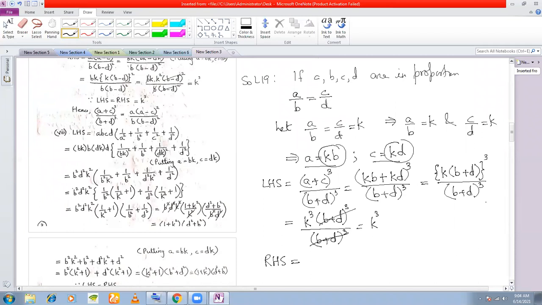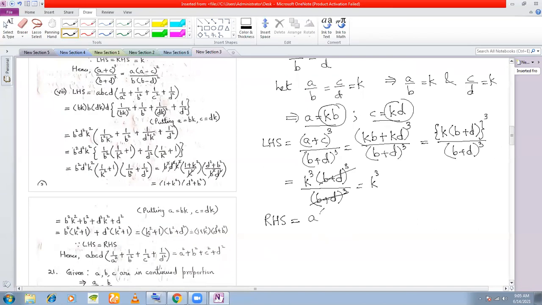Now we check the right hand side. The right hand side here is A into (A minus C) whole square divided by B into (B minus D) whole square.